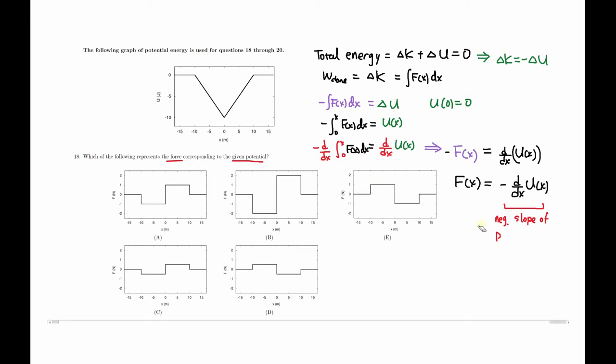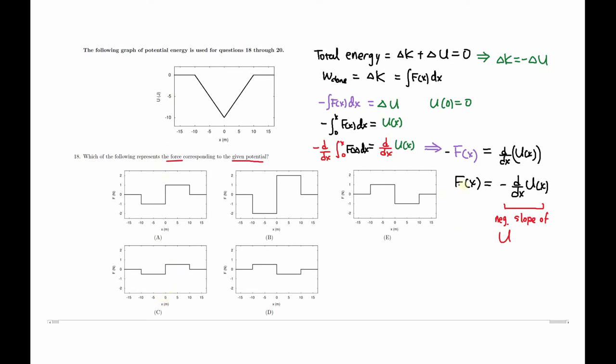In this case we have U, so I'm going to use U as the potential energy. So you have to just find the negative slope of each of our given lines in the given diagram, and then the corresponding graph will be our force versus position graph. So let's take a look.